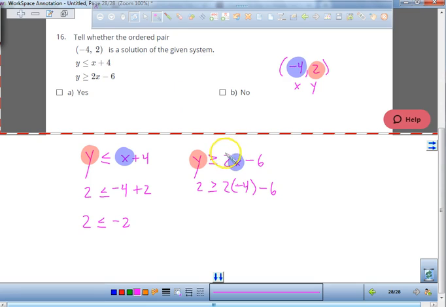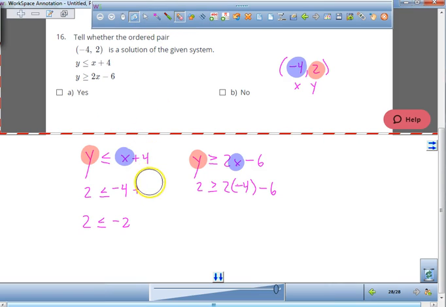My apologies. Oh, wait. On this one, it's supposed to be plus 4. I apologize. It's supposed to be plus 4. There we go. Plus 4.